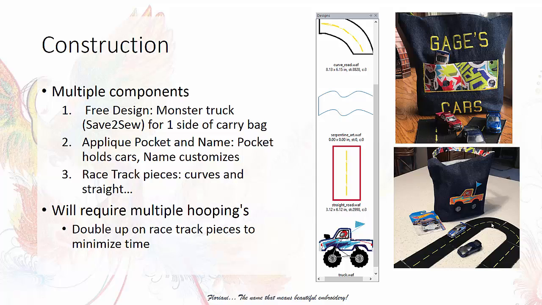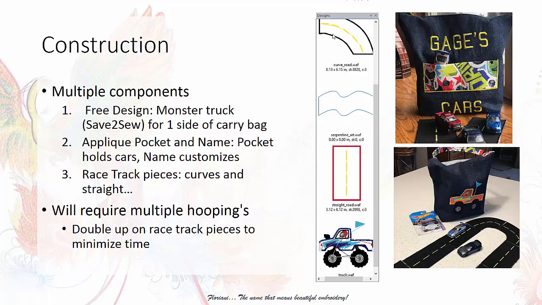And of course, what I did is, instead of making one at a time, I grabbed my large hoop for my embroidery machine and I loaded in as many of these applique designs as I could in my large embroidery hoop. And I think I got 4 of them in there. So I actually embroidered 4 of these straight pieces at one time. And I was able to embroider 3 of the curved pieces at one time.